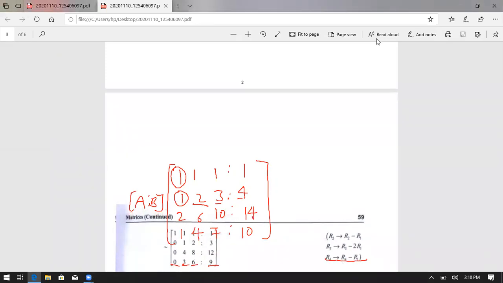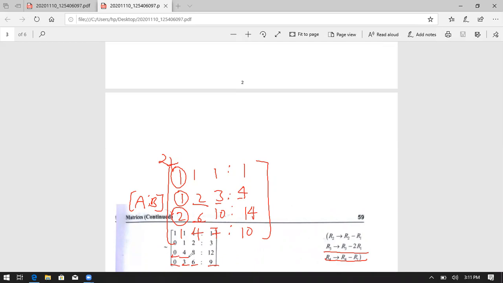Next one, R3. R2 is over. Next R3. R3 is equal to R3 minus 2R1. R3 is 2 and R1 is 1, that's why multiplying 2 to the first row. Then here 2 minus 2 is 0. Next comes the second one, 6 is there. 6 minus 2 into R1, which is 1, 2 ones are 2. 6 minus 2 is 4.